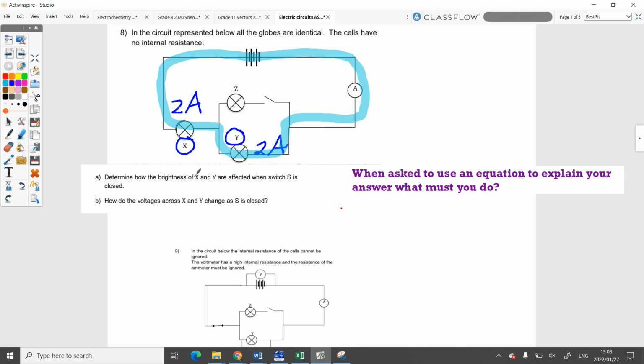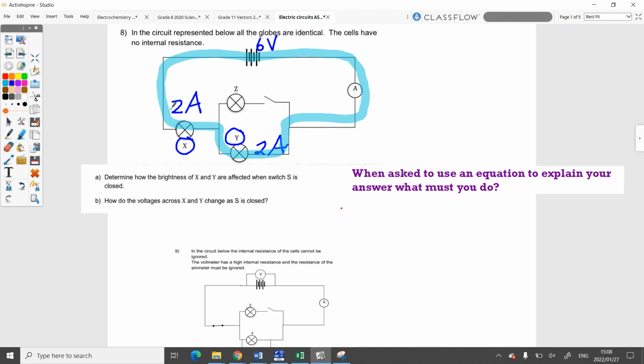Now they're saying determine how the brightness of X and Y will be affected when switch S is closed. Now if you think about voltage, now remember the voltage in this one, at the moment, let's say it's a 6-volt battery. How much energy will this one and this one get per coulomb? What would the voltage be?